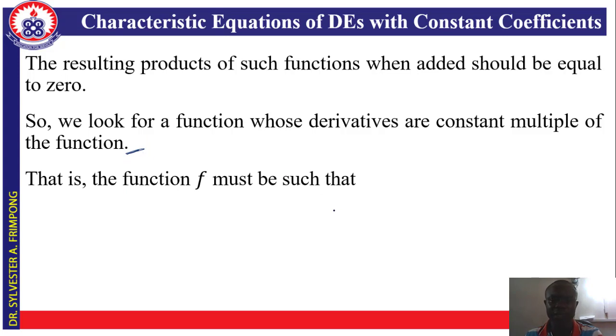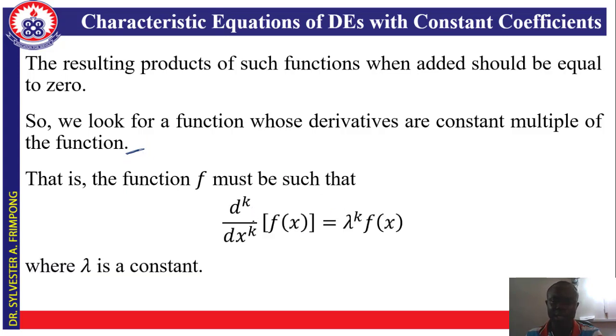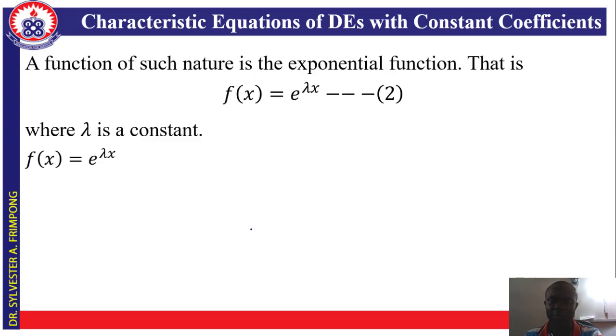And that function must be such that the k-th derivative of f of x is lambda raised to the power k times f of x, where lambda is a constant. And one such function is the exponential function. Consider the exponential function, f of x equals e raised to the power lambda x. If I take the first derivative, I get lambda e raised to the power lambda x.